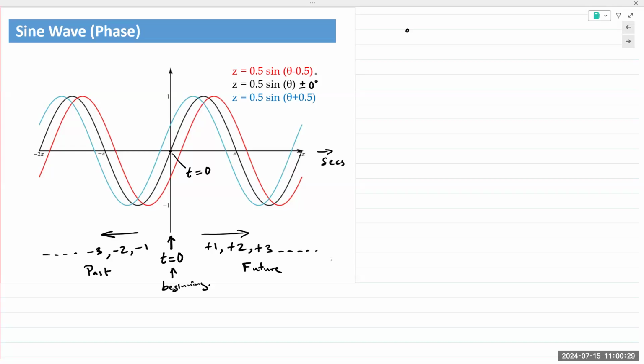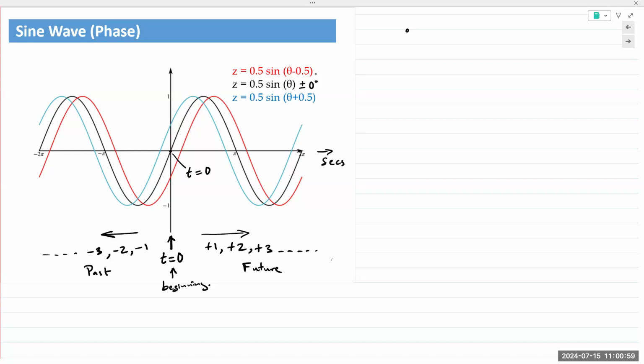The moments on the left side are indicating the past, meaning it is ahead in time. It is already gone by. Everything on the right is the future. It is yet to come. And so the phase is indicating the point either in the past or in the future.